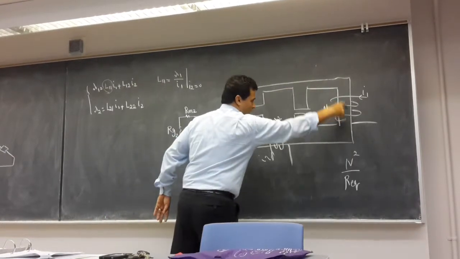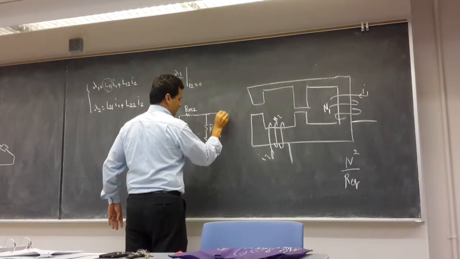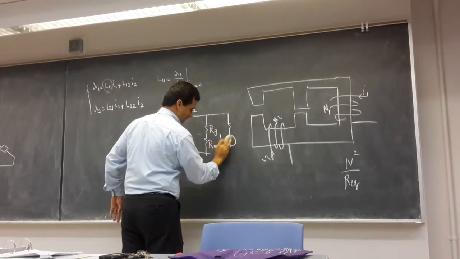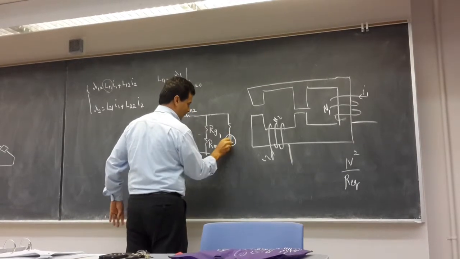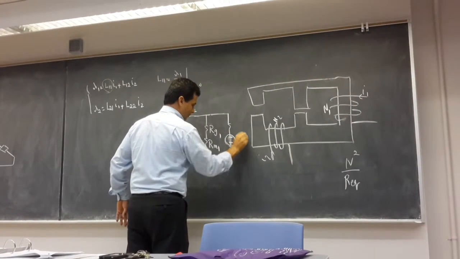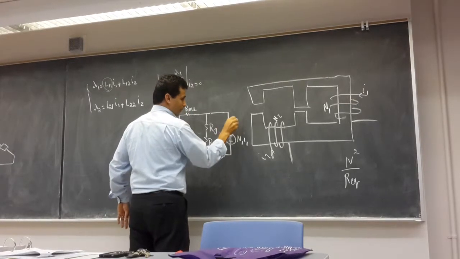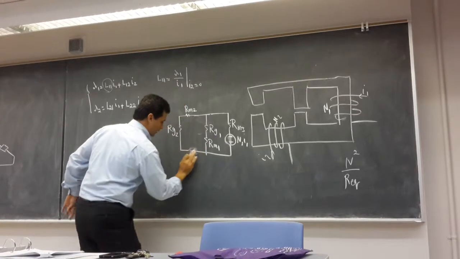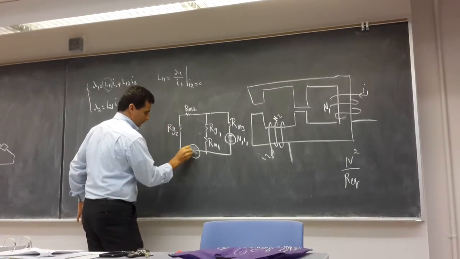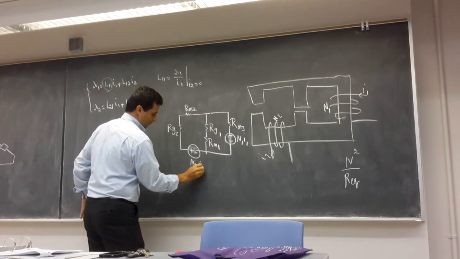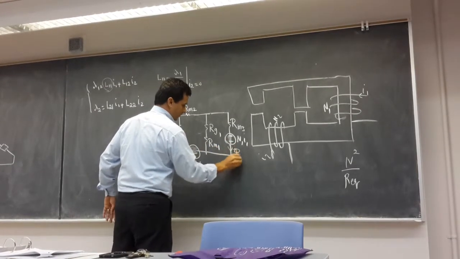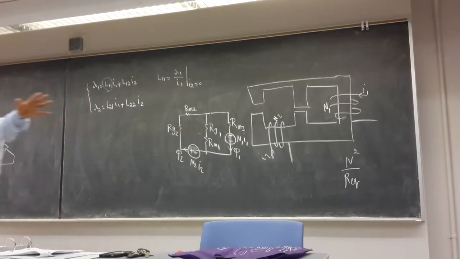And I have one magnetic reluctance here, Rm3. And let's put this source back here. Let's call this one P2, this one is P1. This is the equivalent magnetic circuit of that circuit, right?